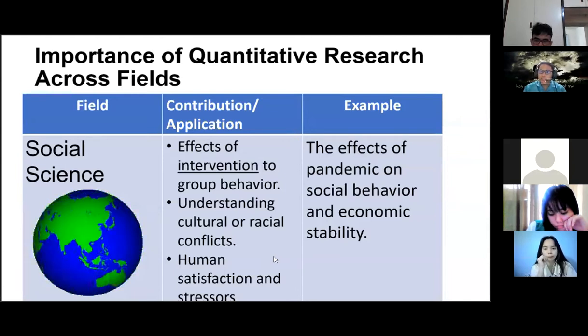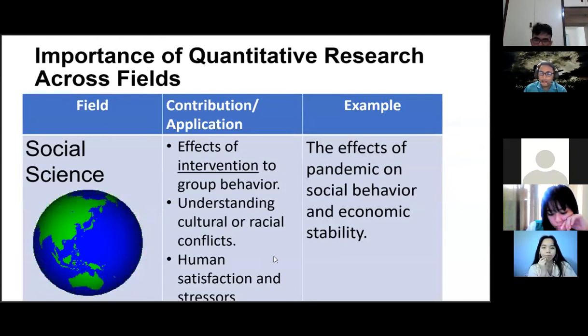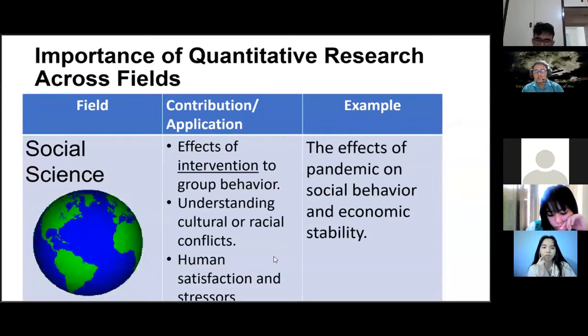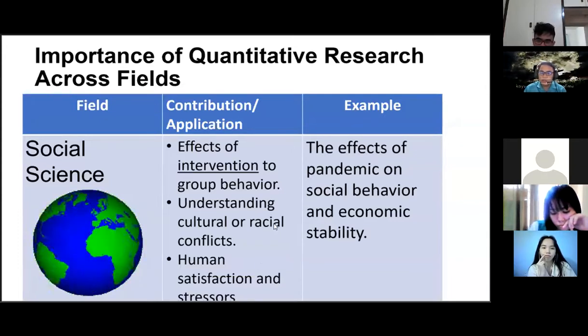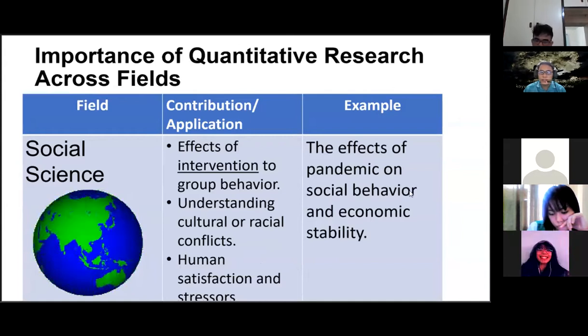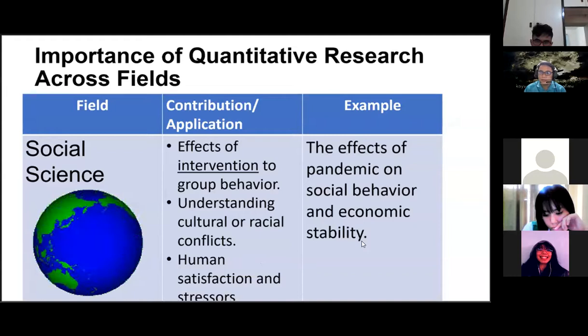It is for us to better understand the behavior and social interactions among individuals. Global trends and politics also fall here. An example is the effects of the pandemic on social behavior and economic stability.